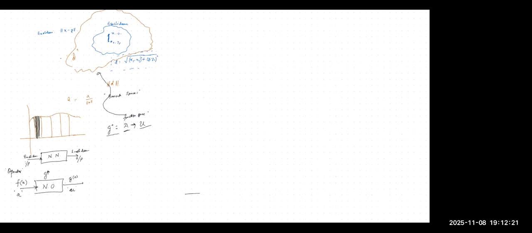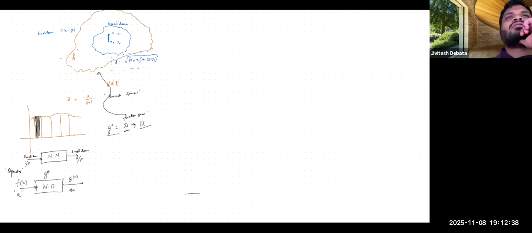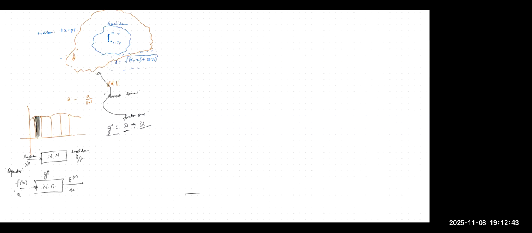You have a function space A and a function space U, and there is a reason why I made a small u: elements in space A and elements in space U are represented by small a and small u. The whole goal is that your input is a function space, your output is a function space, and you're learning an operator, which is G dagger in our case.